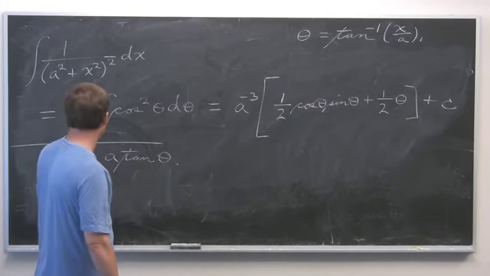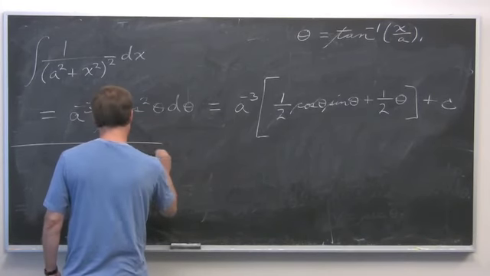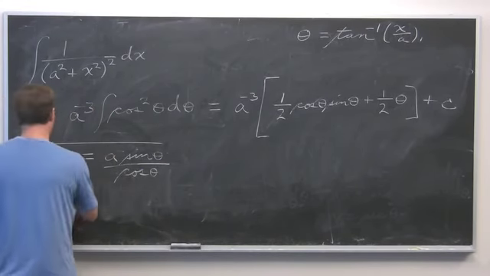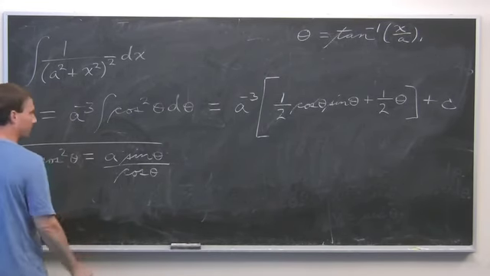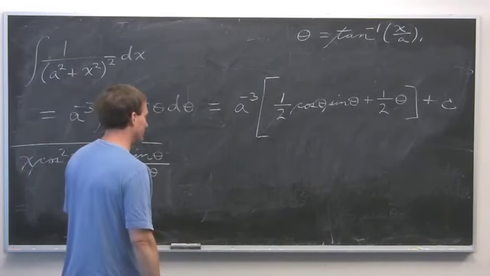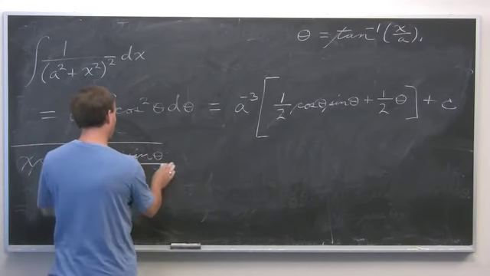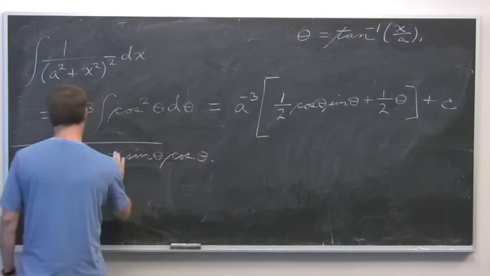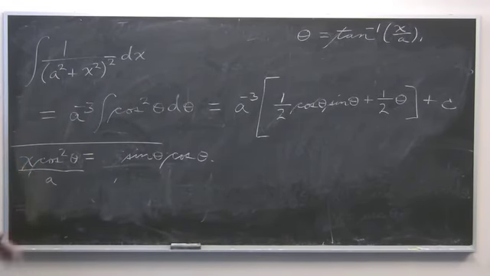So if I multiply by cosine squared on both sides, I would get x cosine squared. I'm just trying to get what cosine theta sine theta is in terms of x and a without getting too ugly. Multiply by cosine squared, that would wipe out one of these and leave us with a cosine theta here, divide by a. So you get this. Well, how does that help?